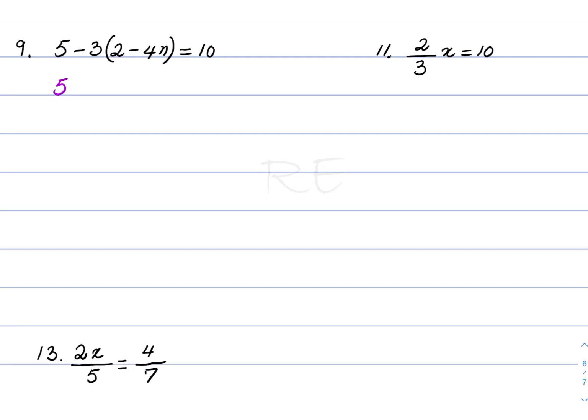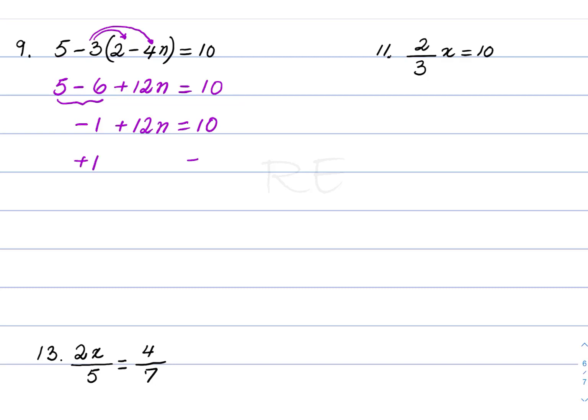Number 9, we're going to keep 5 and distribute negative 3 over 2 minus 4n. Negative 3 times 2 is negative 6. Negative 3 times negative 4n is positive 12n, is equal to 10. 5 minus 6 is negative 1 plus 12n is equal to 10.